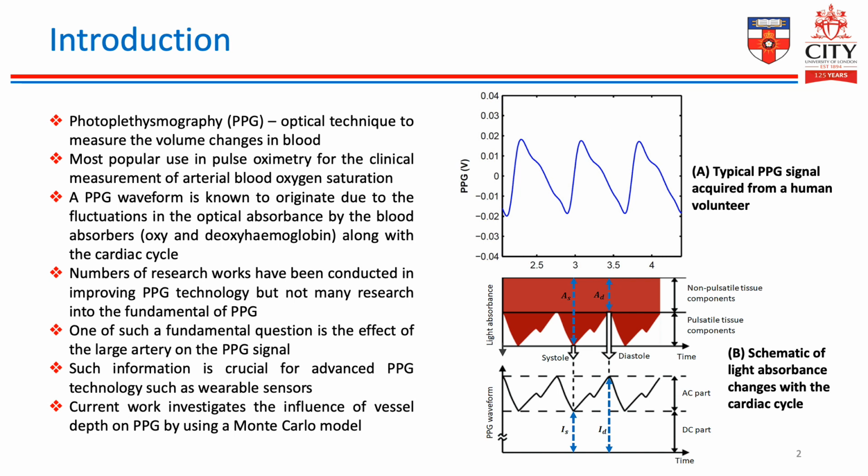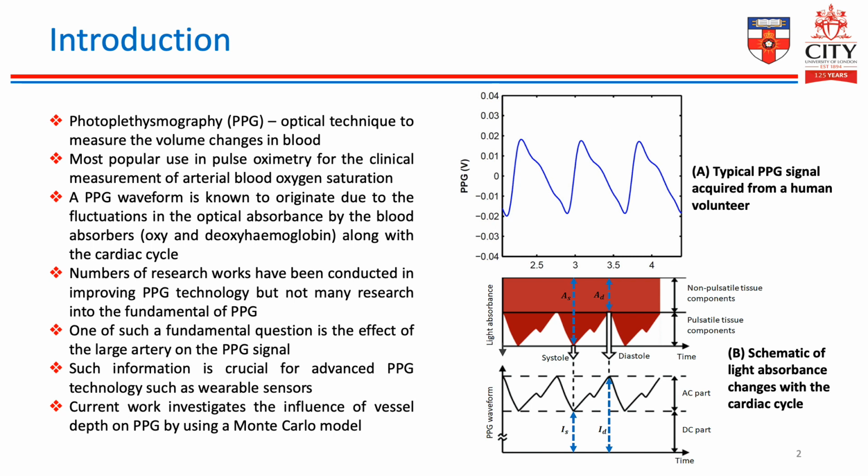Now, through the cardiac cycle, there is a change in the blood volume within the tissue. During systole, blood rushes to the periphery of the human body, resulting in a higher blood volume in the peripheral tissue site. Higher blood volume results in higher absorbance of light in that tissue area. Again, during diastole, the blood volume in the peripheral tissue site decreases, resulting in a lower absorbance.